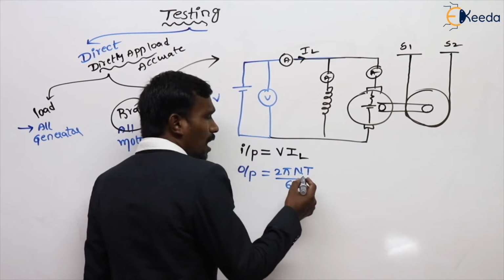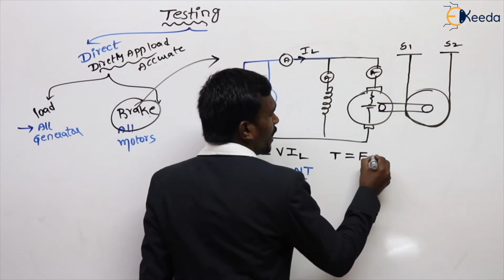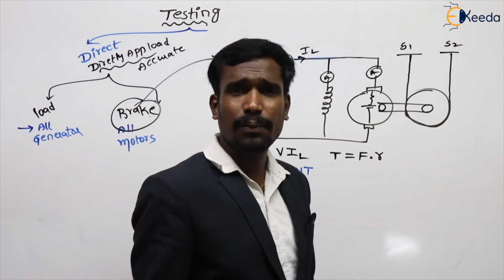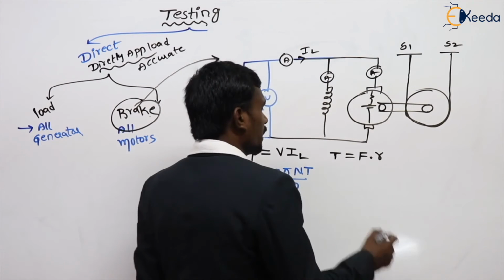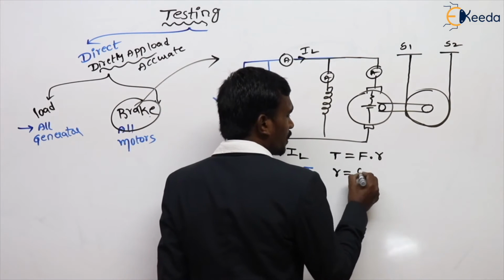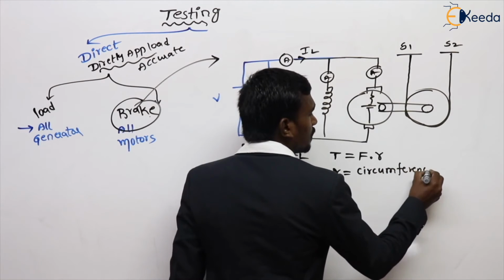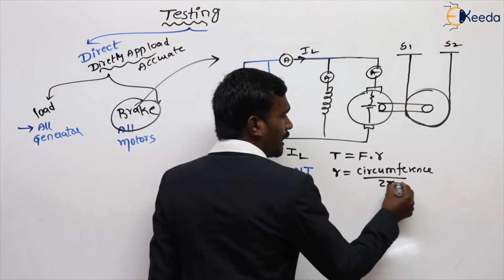How can we know the torque? Generally, torque T is equal to F into R, where R is the radius of my rotor or pulley. Generally, radius is equal to circumference by 2 pi.